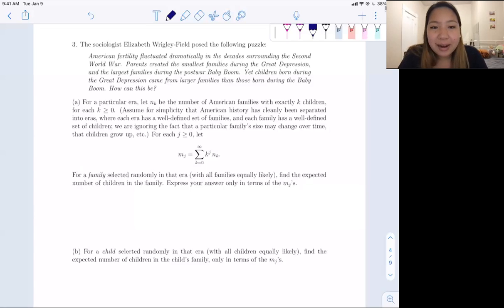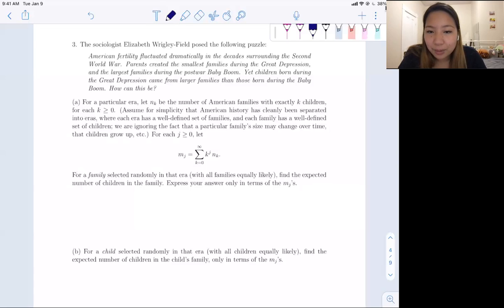So part A: for a particular era, let n sub k be the number of American families with exactly k children, for each k greater than or equal to 0. Assume for simplicity that American history has cleanly been separated into eras where each era has a well-defined set of families and each family has a well-defined set of children.